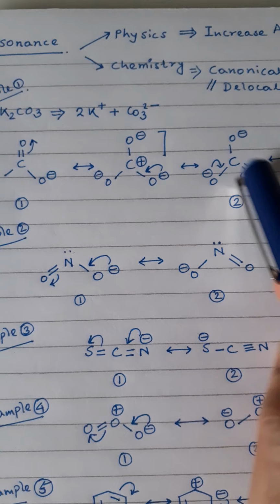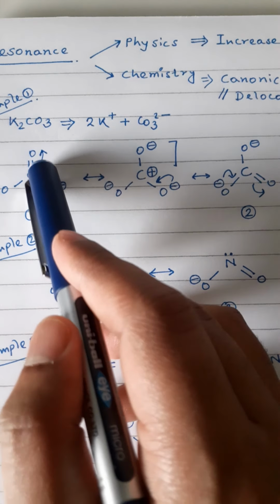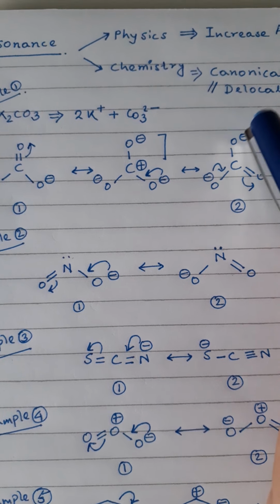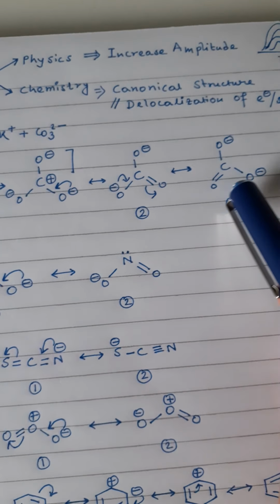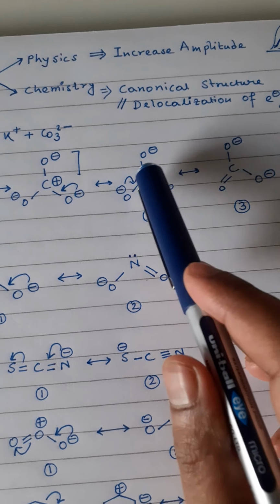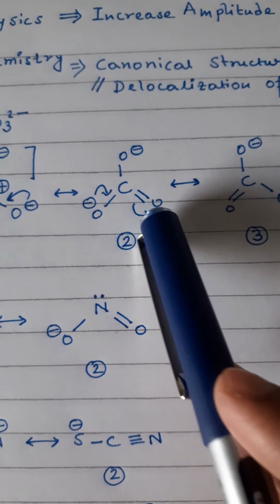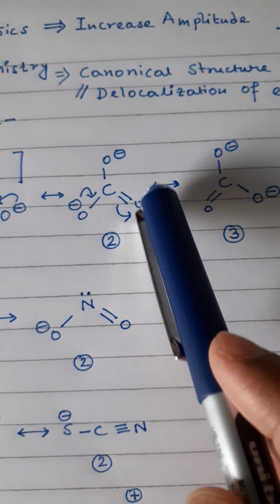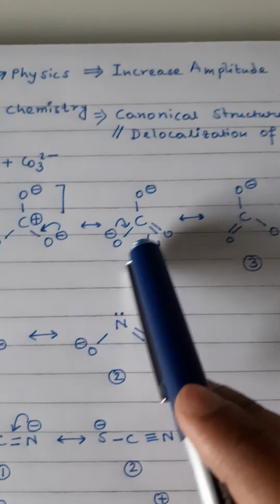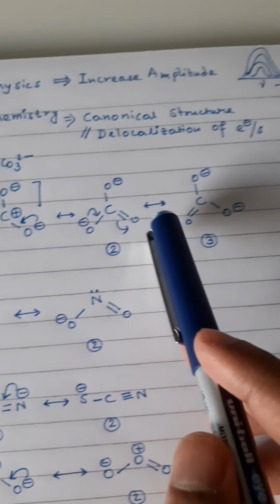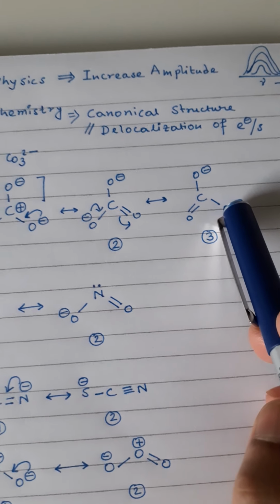It comes out here, and if the oxygen pulls all the electrons towards itself, then it gets negatively charged, right? And in the same way, this oxygen gives the electron to the carbon center, and then these oxygens pull the electron towards themselves. So there are three canonical structures written here, 1, 2 and 3, right?